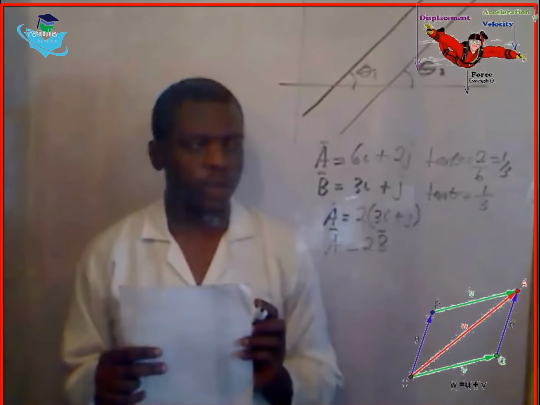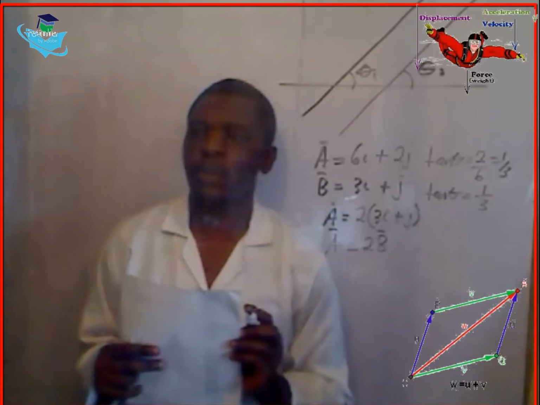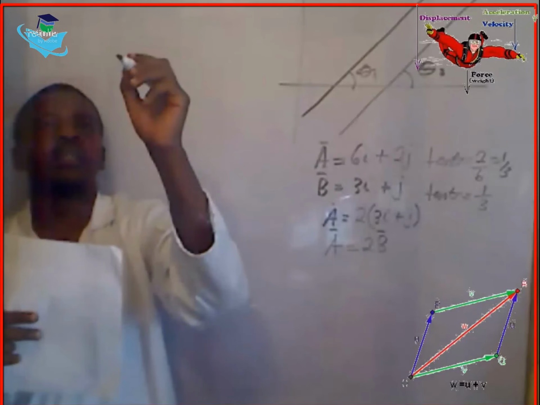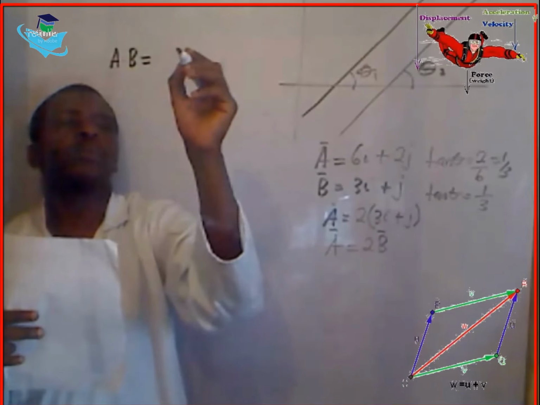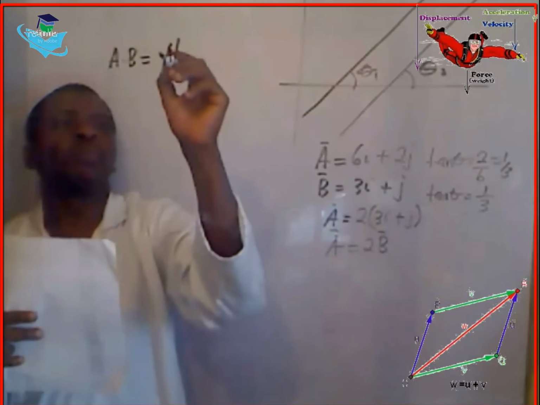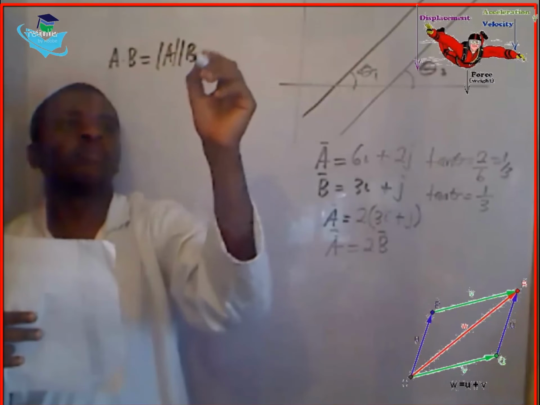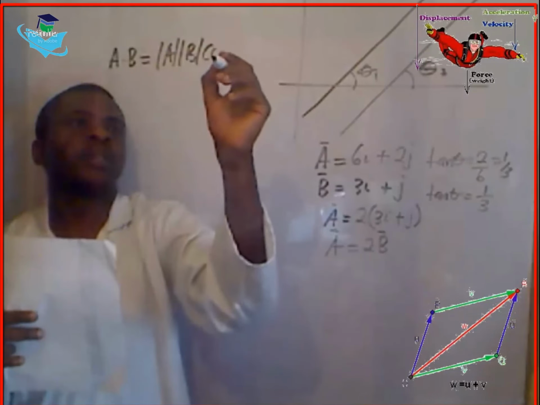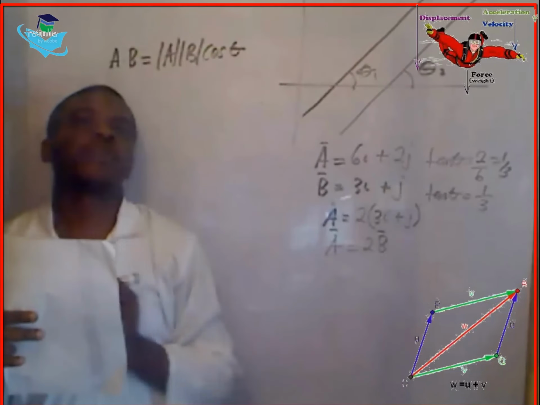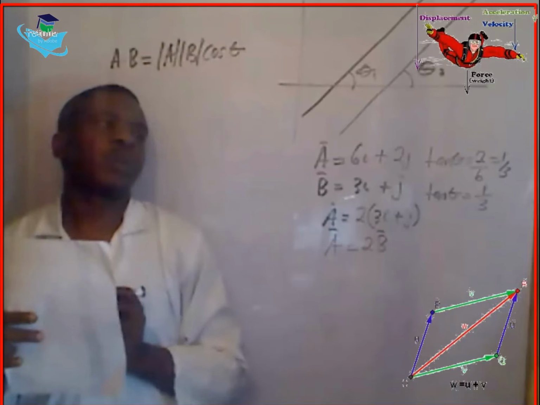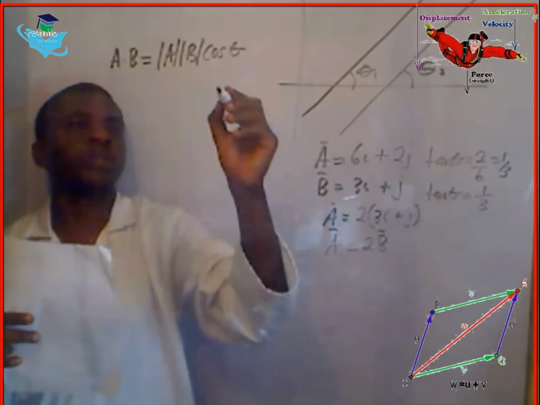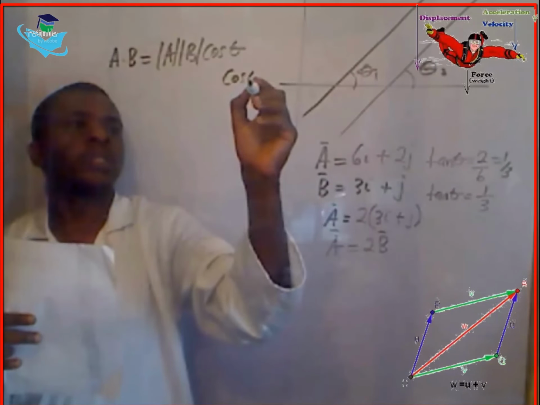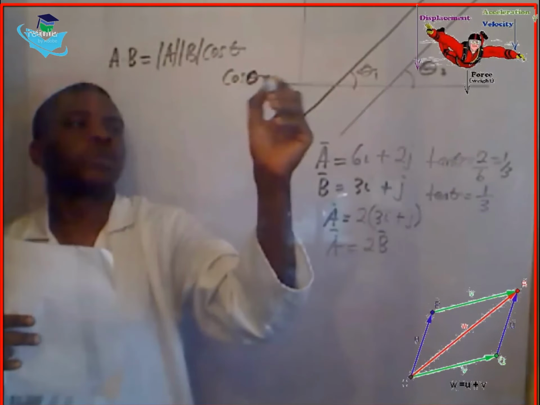Now another condition, we know that A dot B is equal to the magnitude of A times the magnitude of B times the cosine of the angle between the two vectors. If two vectors are parallel, the angle between them is equal to 0. So cos 0 is equal to 1.